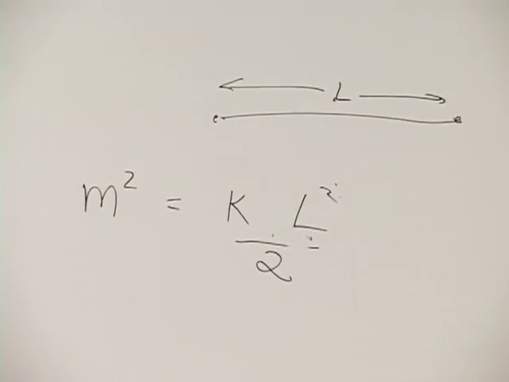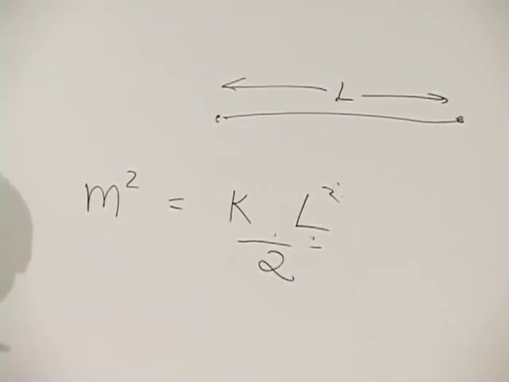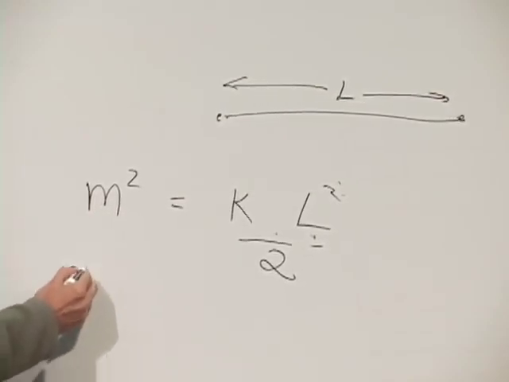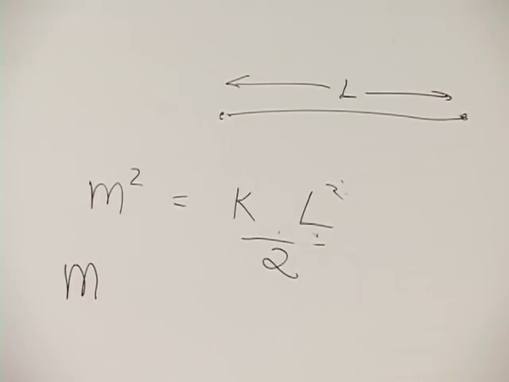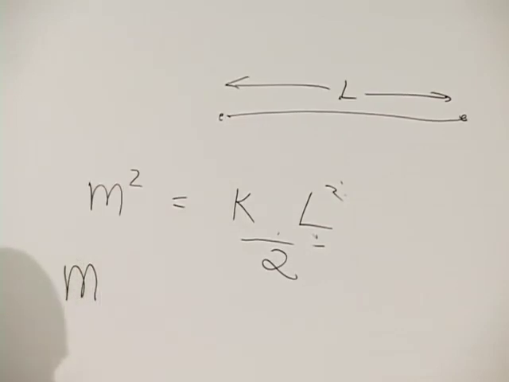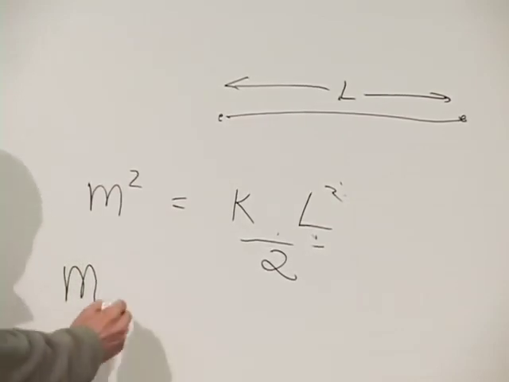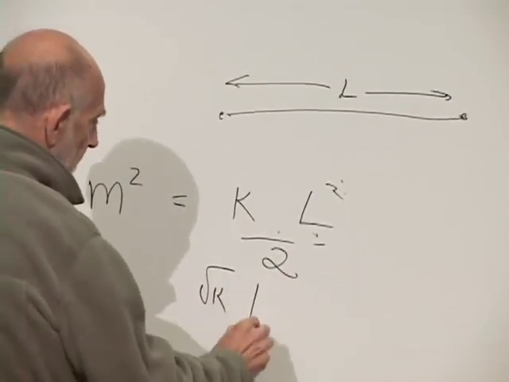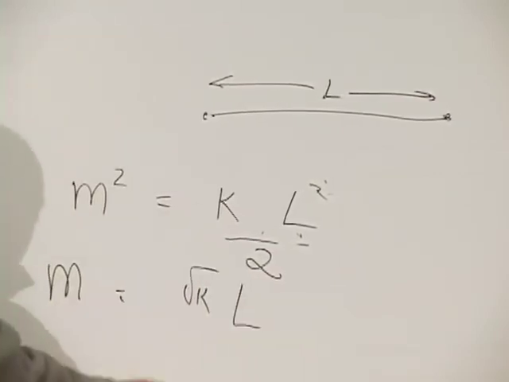There is some spring constant. That spring constant I'll just call K. It says that the mass of the string, in the frame at which the string is at rest, that mass is the usual energy. That's going to be the square root of that spring constant times L, perhaps divided by the square root of 2.